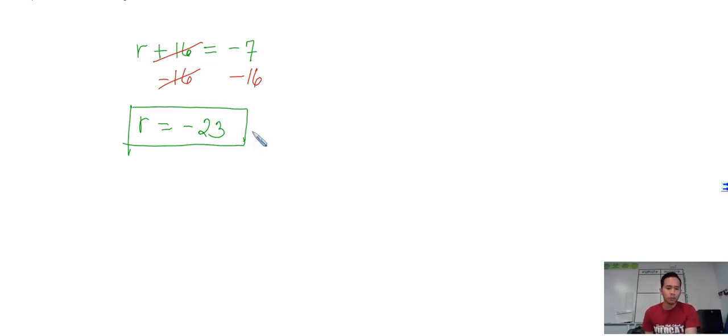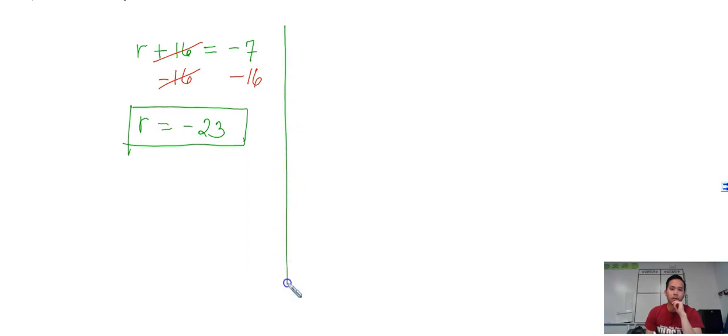Now, when we are solving equations, we can also eliminate double signs. As a general rule, when you have a positive and a negative, you replace that with a negative. And if it is both negative, then you replace that with a positive.